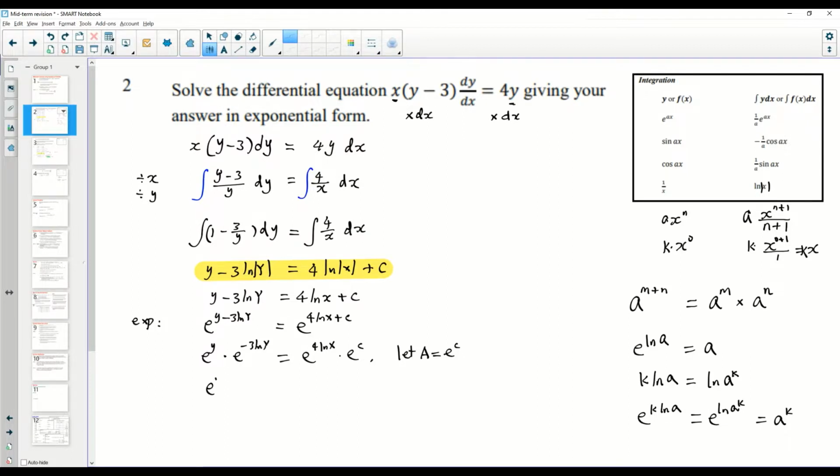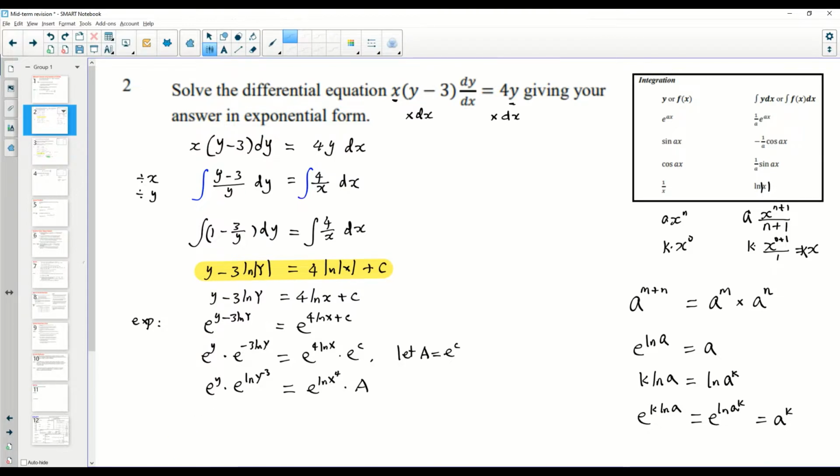In here, we have two forms that look like that. So copy the e to the y down. The second part is going to be changed into e to the natural log of y to the minus 3 power. Because our k here is a constant in front, that becomes the power of the y. And the same thing happens here: e to the natural log of x to the 4th power, because that's the constant 4 in front of the log, times, we said we're going to change that into a constant a.